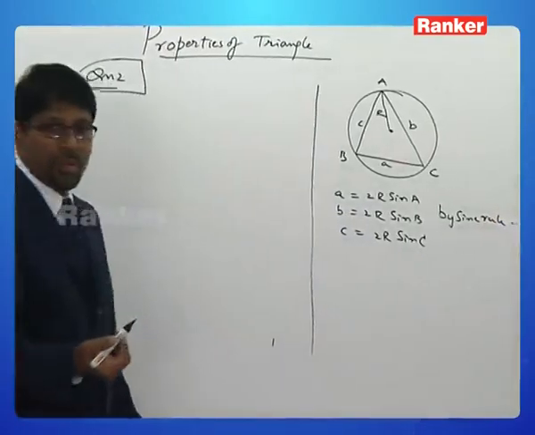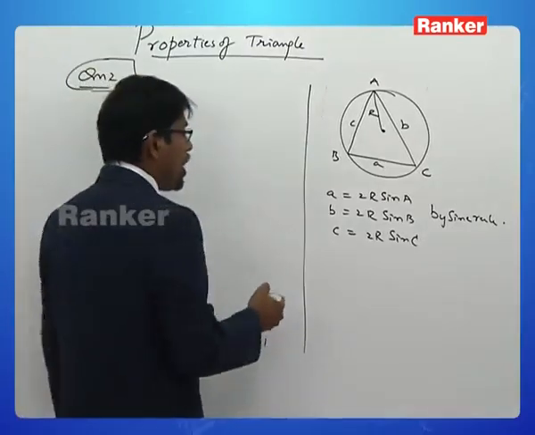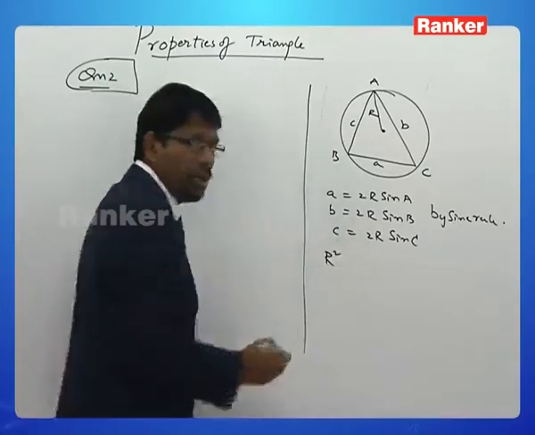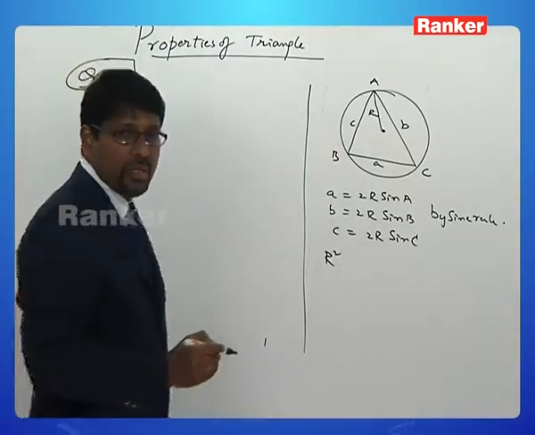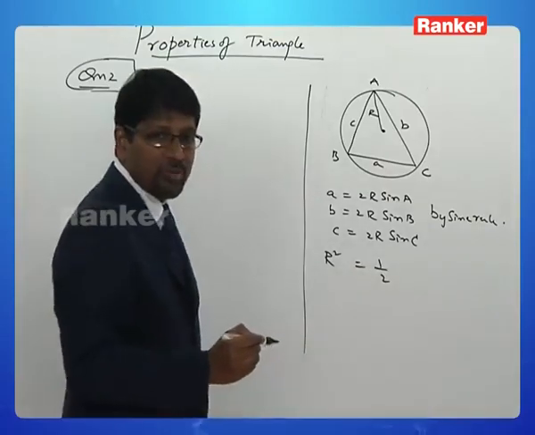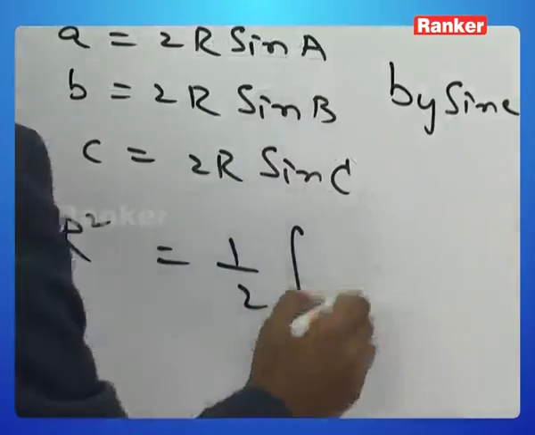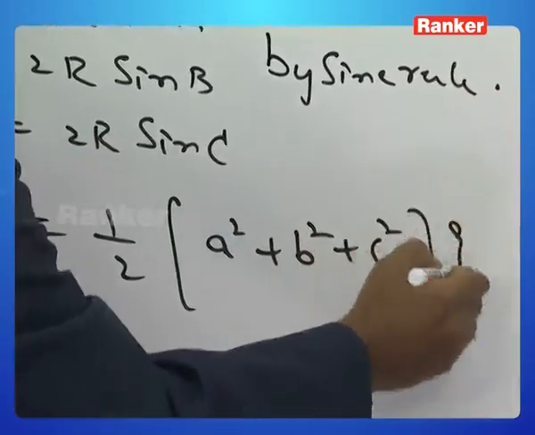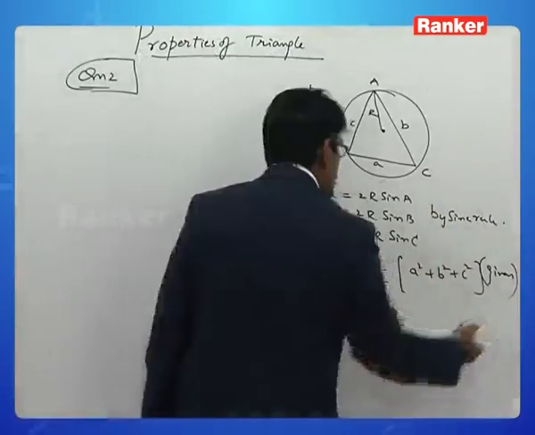Now, what else is given? Capital R square, the square of the radius, is equal to half of the sum of the squares of the sides of the inscribed triangle. Half of a square plus b square plus c square. This is what is given to us in the problem.